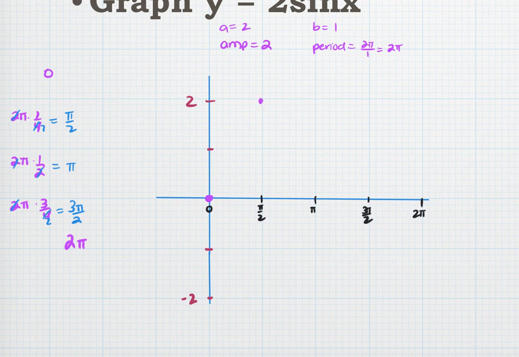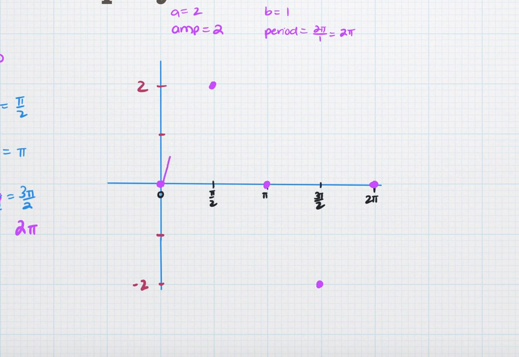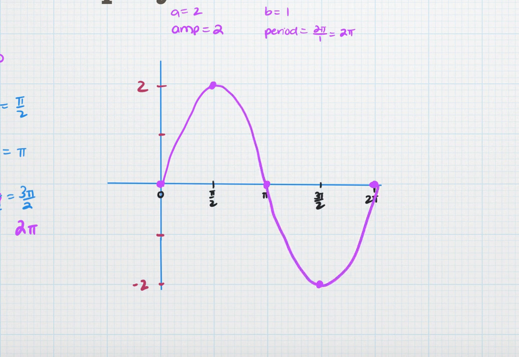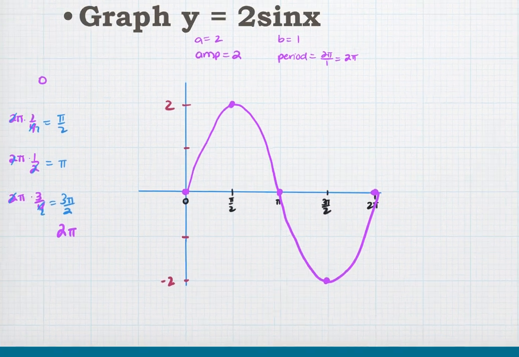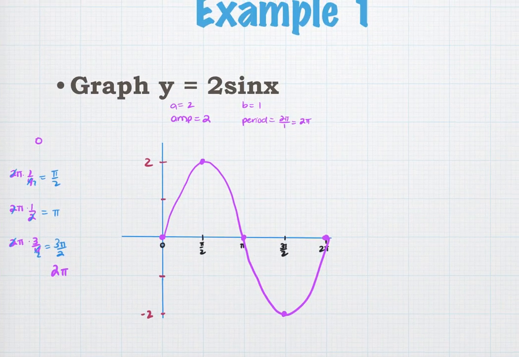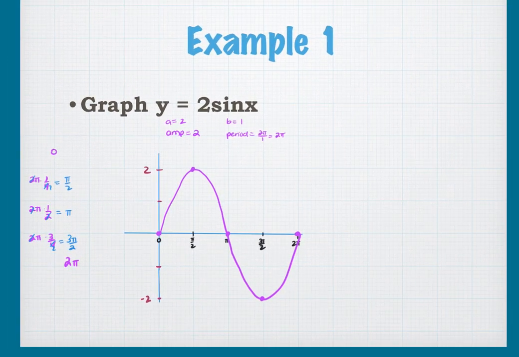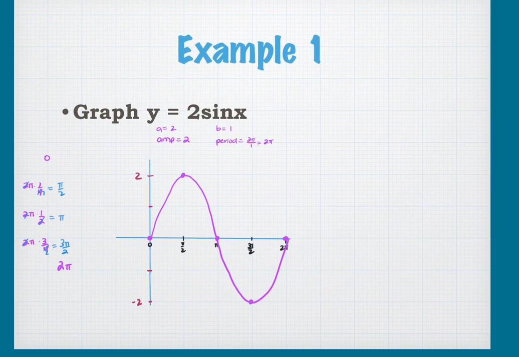I go up to the amplitude, come back down to 0, negative amplitude, and back up to 0. And that is one period of this sine curve. Again, if it wanted more, I would just extend it in the same increments and follow my pattern on either side.